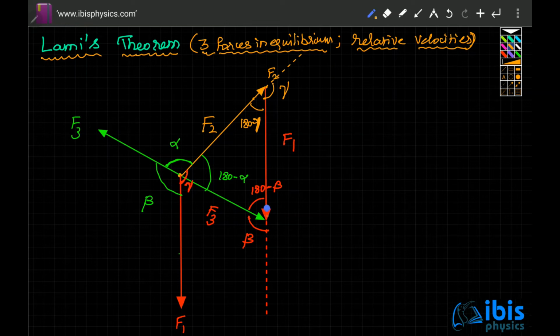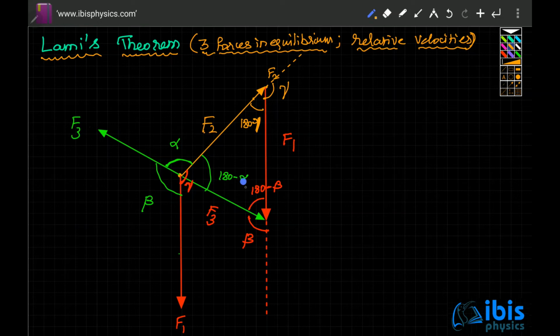Now you have a triangle, and its sides are forces, so the length is proportional to the magnitude of the force. So this length is F2. We know from the sine rule that the ratios of sides to the sines of their opposite angles are the same.